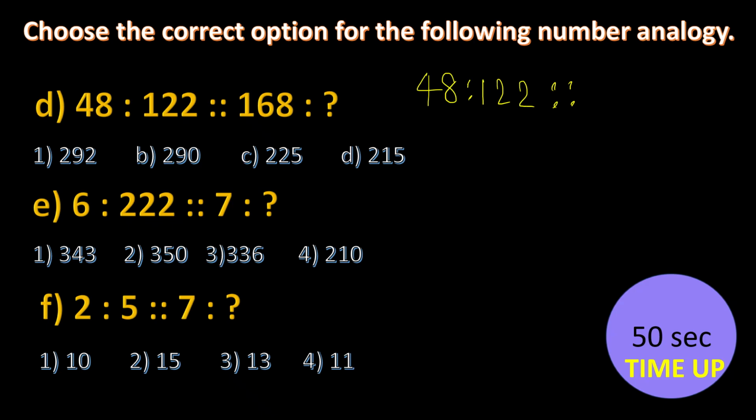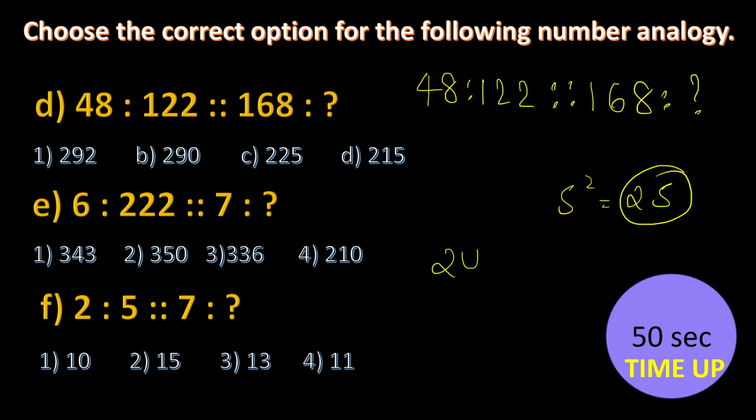But somewhere nearby, by doing plus 1 or minus 1, a square may have been taken. That can also be the logic. So when you concentrate on squares, directly they will not give you that 5 square is 25. They will not give you 25. They can give you 24. So it will be like 5 square is 25, minus 1, you'll get 24.